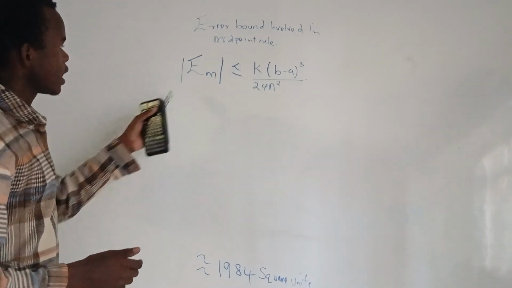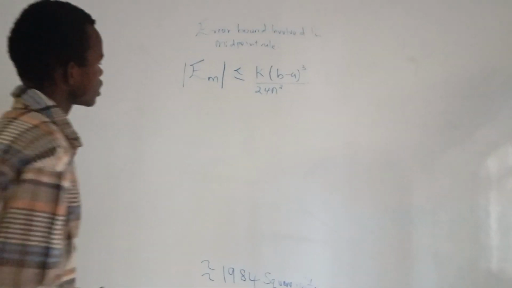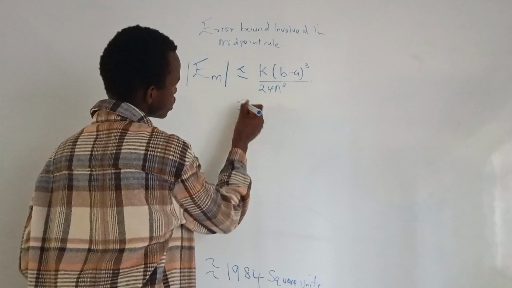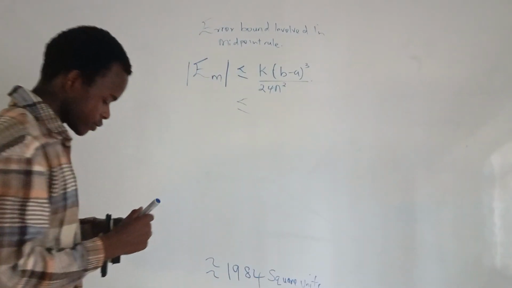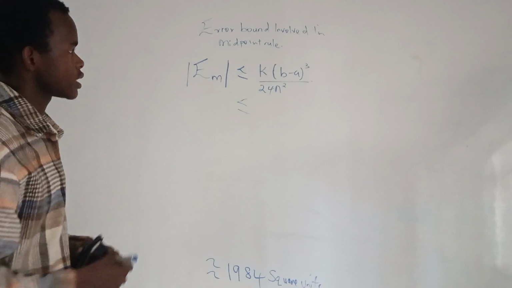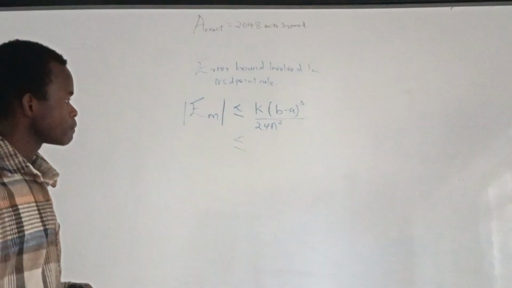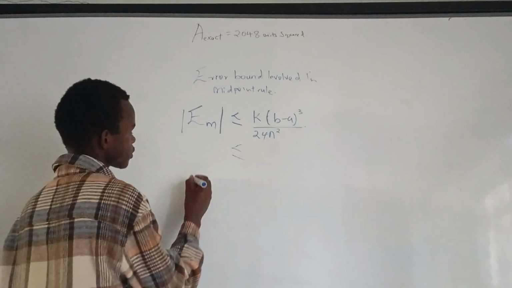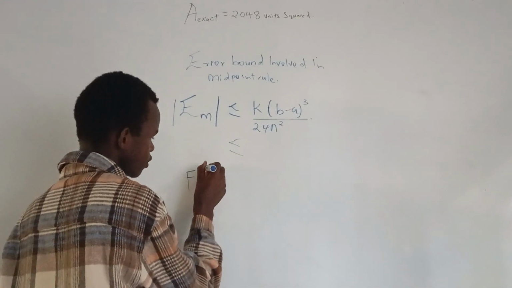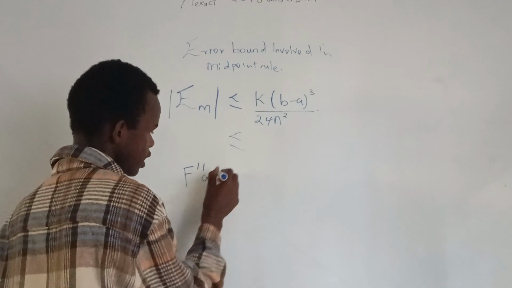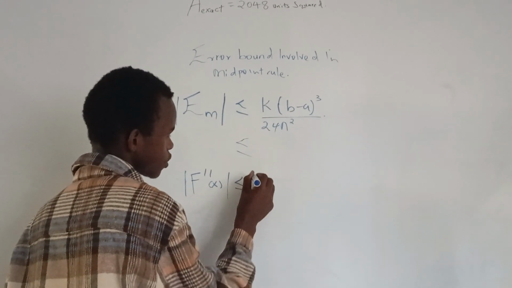So let's calculate the error involved in the midpoint rule when estimating this approximate area. It will be less than or equal to, what's the value of k? Here, the value of k is calculated just the same as in my previous video on the trapezoidal rule. The absolute value of the second derivative of f(x) is less than or equal to k.